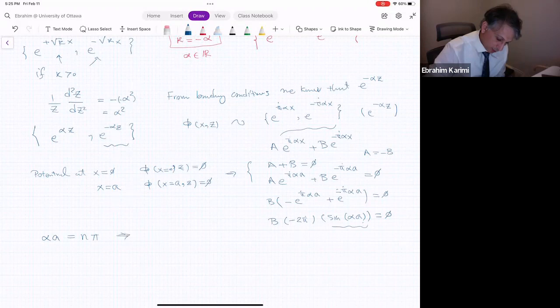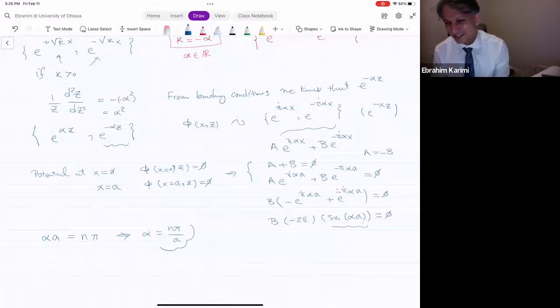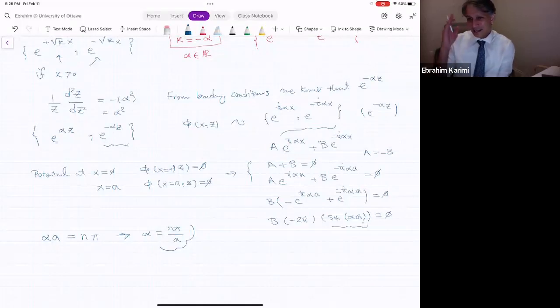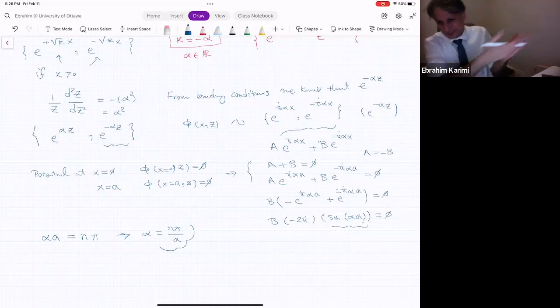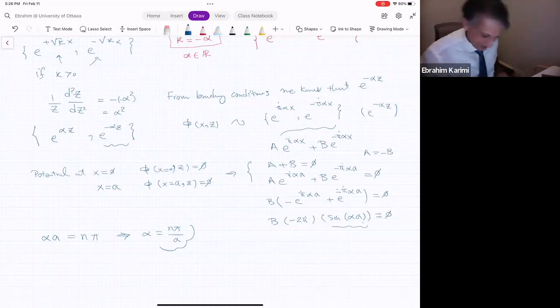And from here, I will get alpha equal to n pi divided by a. By the way, we knew that, right? We knew that because we already found the orthogonal basis between the set of 0 to a. We already defined that previously. So we could also stop there.